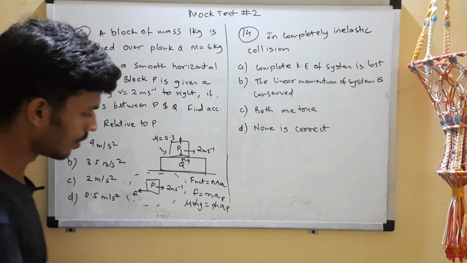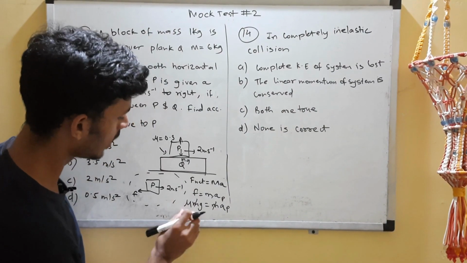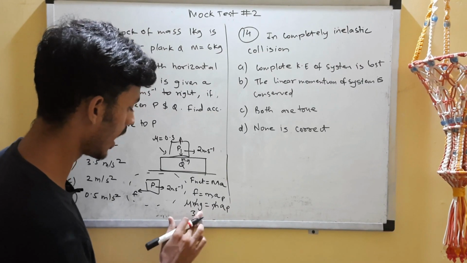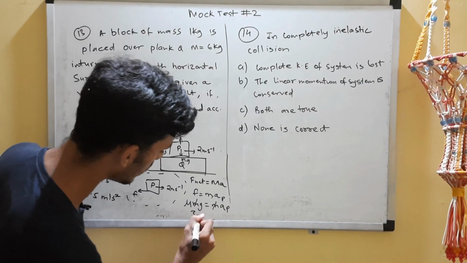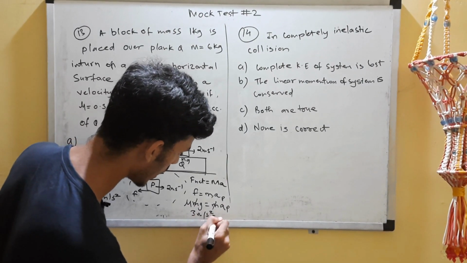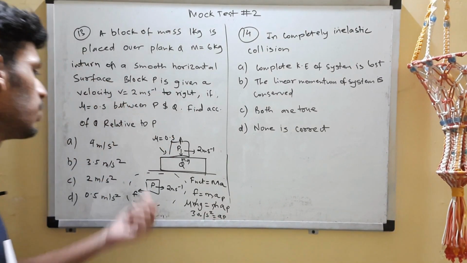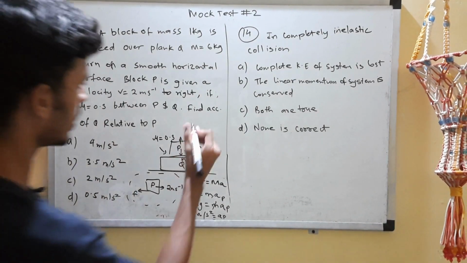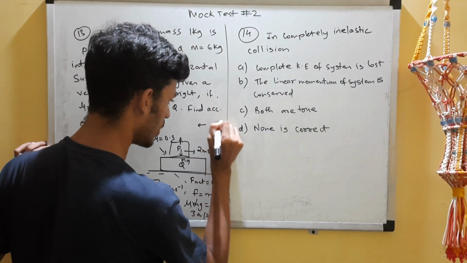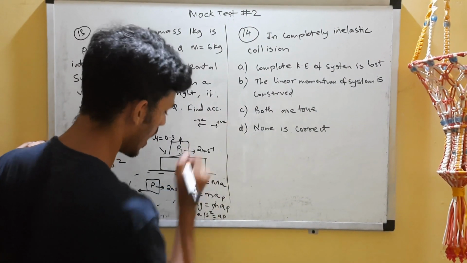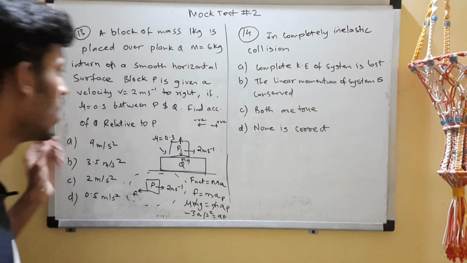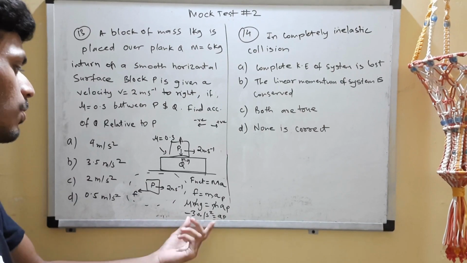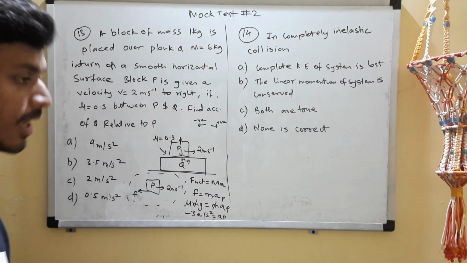So mu g, mu is 0.3 and g we'll take as 10, so 0.3 times 10 is 3. So 3 meters per second square is the acceleration of P. Now mind you, this acceleration is in this direction, in the negative direction. We'll consider the forward direction as positive and this direction as negative. We are supposed to find the relative acceleration, so there we'll need the directions.